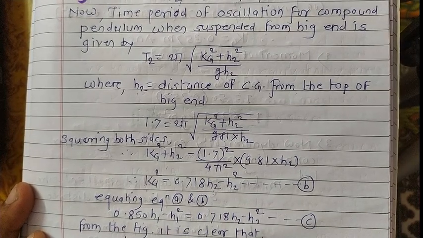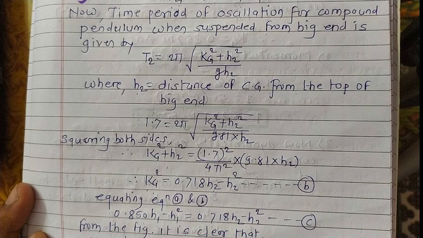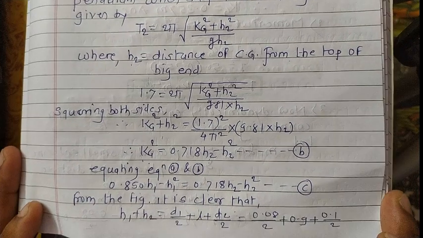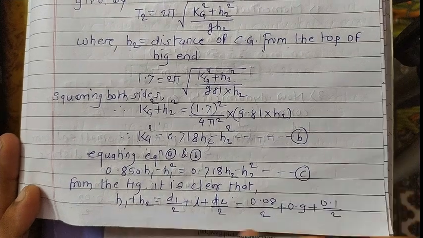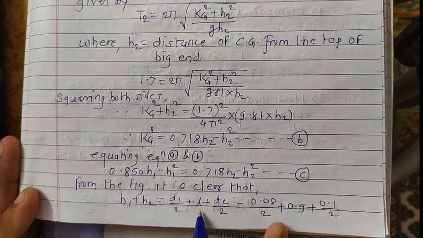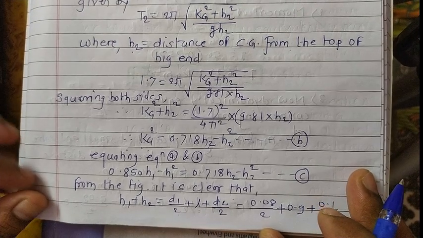From the figure, what do we write here? H1 plus H2. First of all, just see this relation written here. H1 plus H2 is nothing but D1 by 2 plus center distance L plus D2 by 2. Now look towards the diagram.